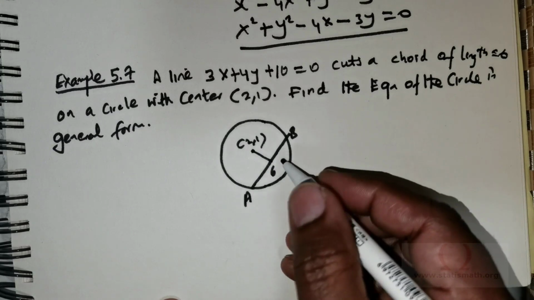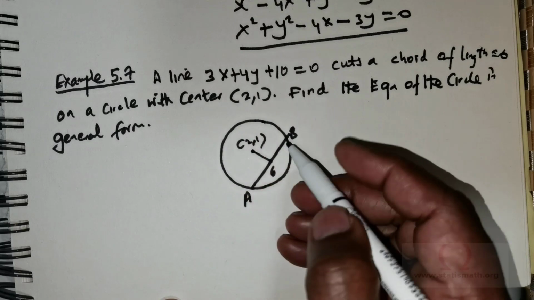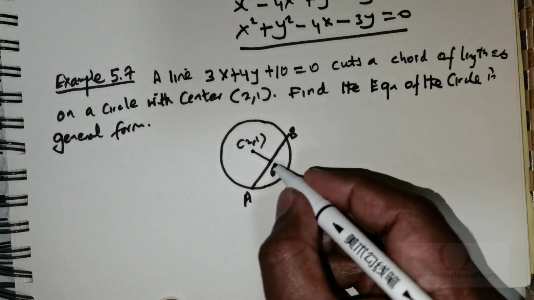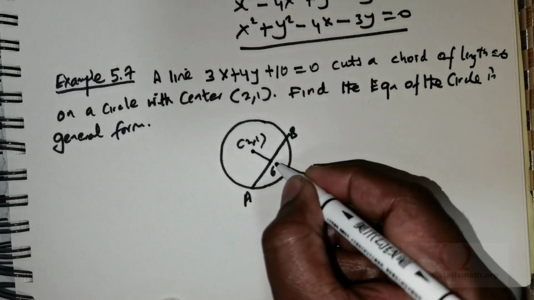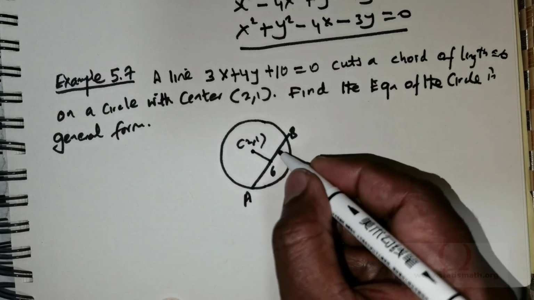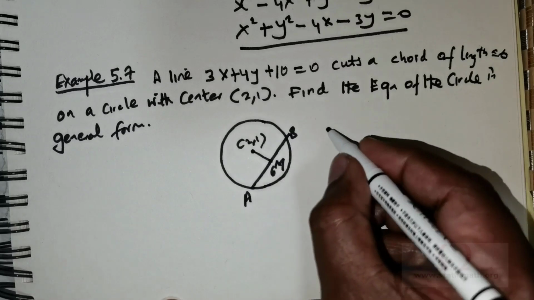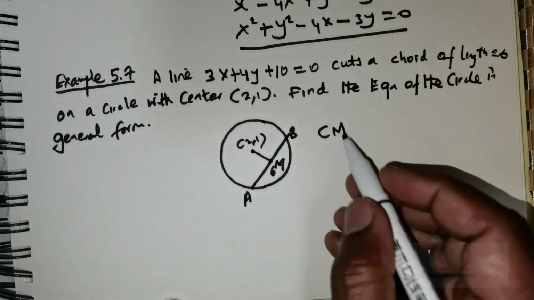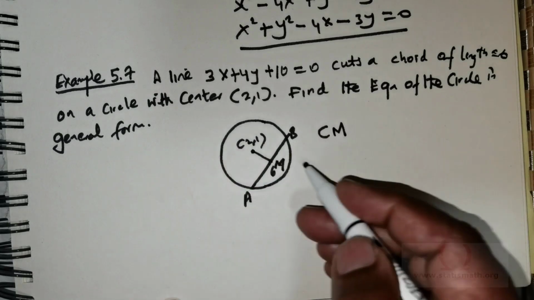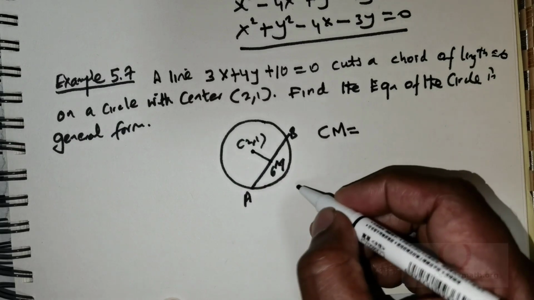Having made that assumption, the line 3x + 4y + 10 = 0 is passing through the center and dividing the line AB into 2 equal parts by meeting at the point M. If we are expected to find the equation of the circle in general form, then we have to know the length of CM.